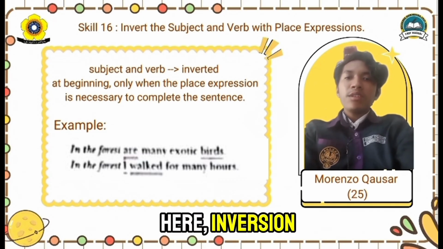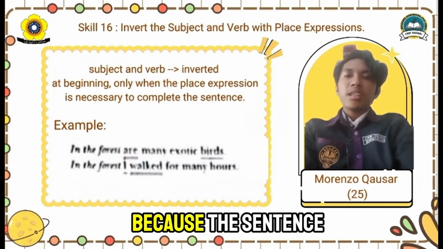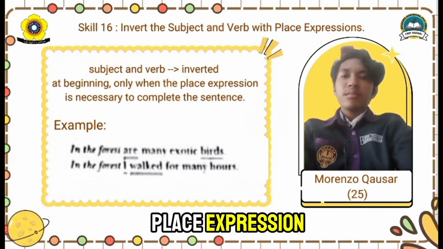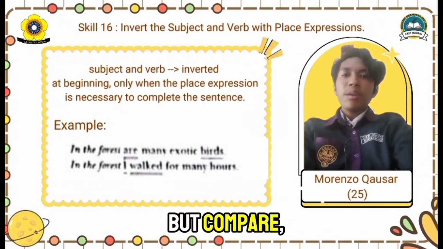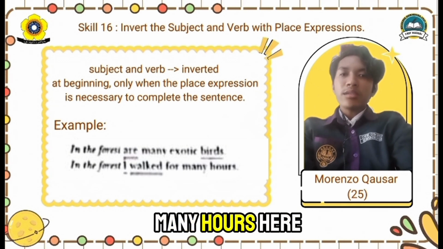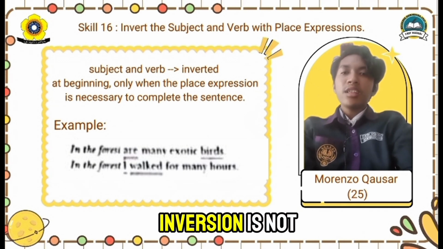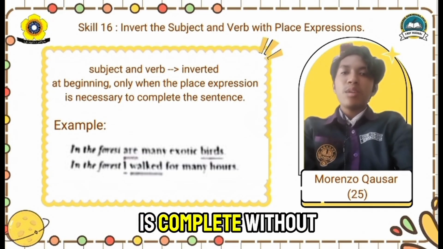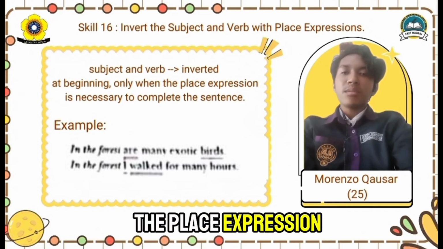Here, inversion is needed because the sentence depends on the place expression. But compare: in the forest I walked for many hours. Here, inversion is not needed because the sentence is complete without the place expression.